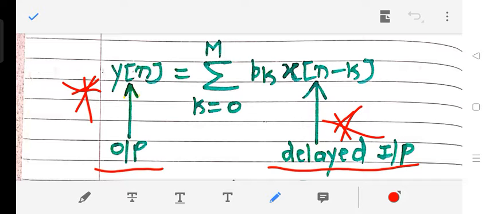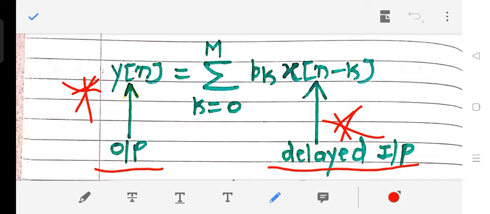When you have a delayed version of the output, the system becomes feedback. These words are very important. In this equation only the output y of n is present. There is no delayed version of y of n. You are not seeing y of n minus k or y of n minus m and so on.